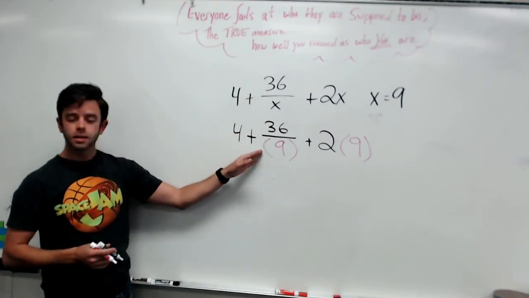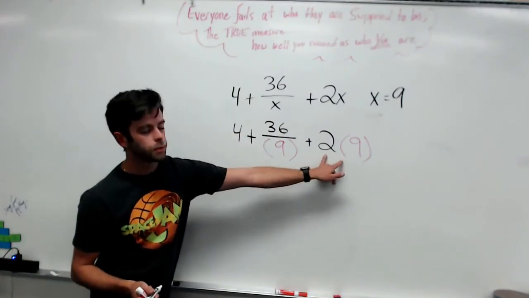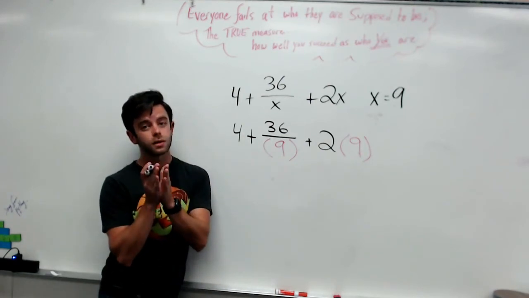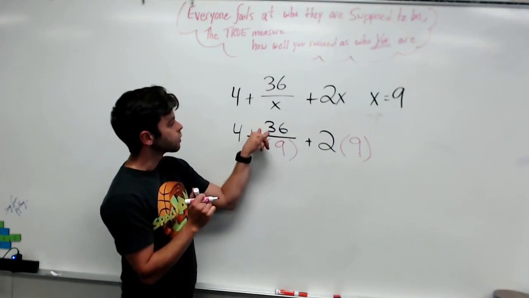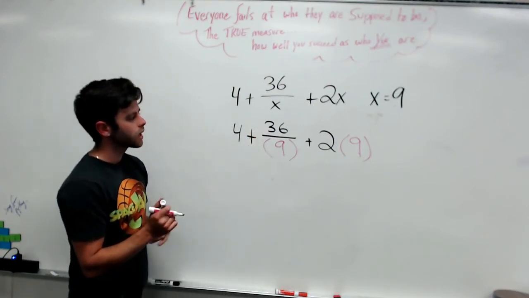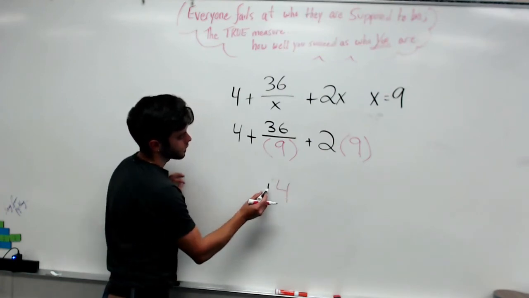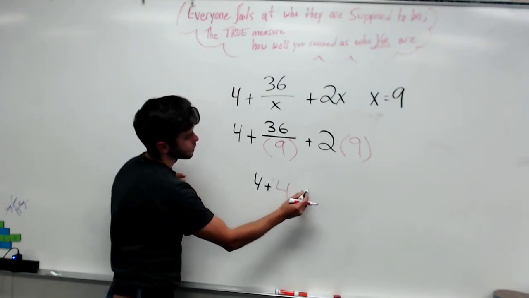So fraction is another way to write a division problem, and then multiplication. Reminder, PEMDAS, you can do either multiplication or division first. Doesn't matter. So I'm going to do 36 divided by 9, which is 4. I'm going to write down everything else that I didn't use.